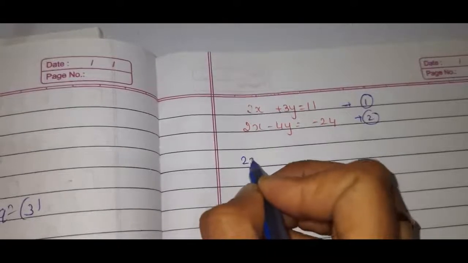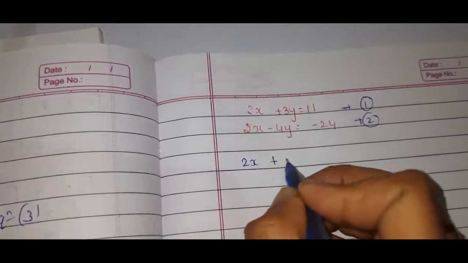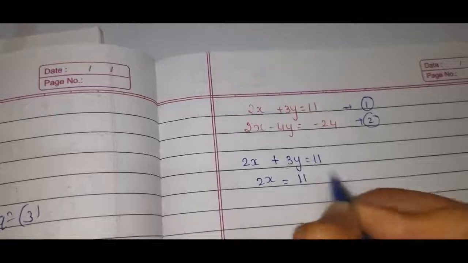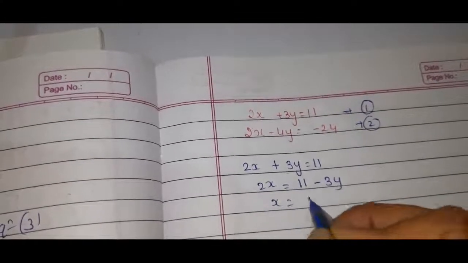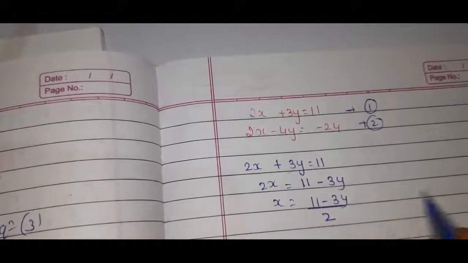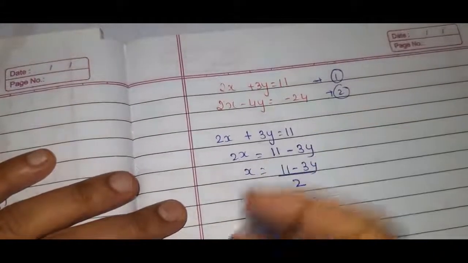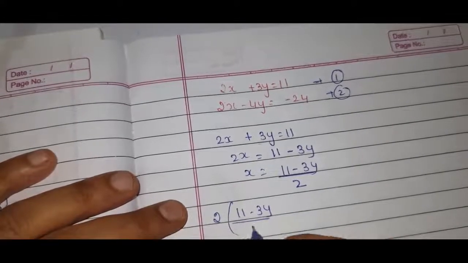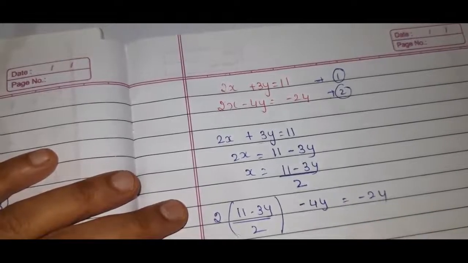From equation first I am finding the value of x. 2x plus 3y equals to 11. 2x equals, 3y is sent to the RHS part, it gets minus 3y, and 2 is sent to the RHS part, it gets divide by 2, and this is the value for x. Next, substitute x value in equation 2, that is 2 into 11 minus 3y divided by 2, minus 4y equals to minus 24.